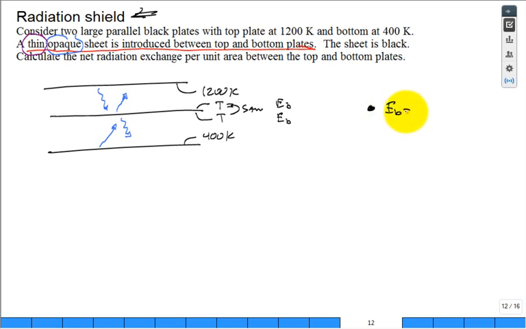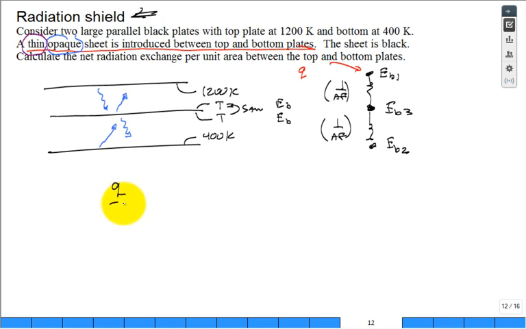Let's call it surface 3. We'll have a node for EB1 and a node for EB2. I know I could have reordered them, but let's leave EB2 on the bottom. We're going to have a resistance and a resistance. This is a 1 over AF, this is a 1 over AF, geometrical resistance. So we do the same thing. We want to get this Q going in.